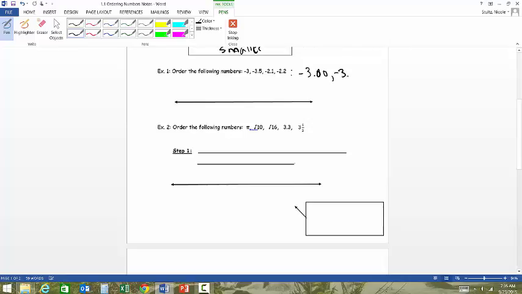Change -3.5 into -3.50. -$2.10. -$2.20. Just remember that whatever your ending number is after your decimal, you can always throw in as many zeros as you want. It does not change the value of the number.